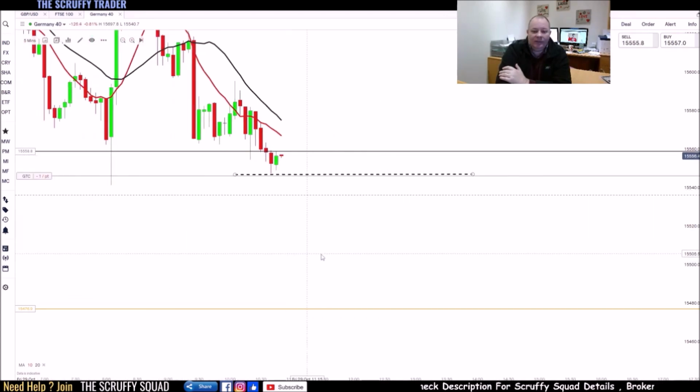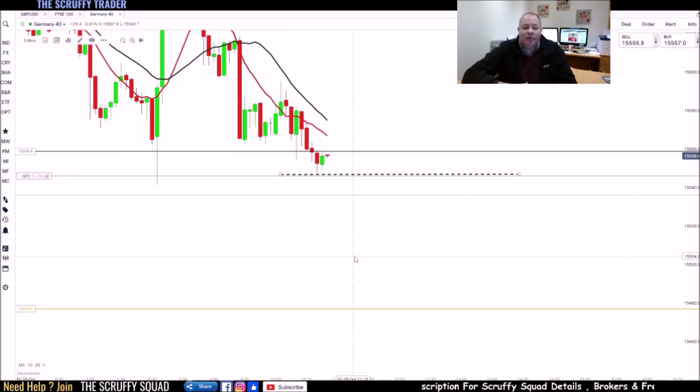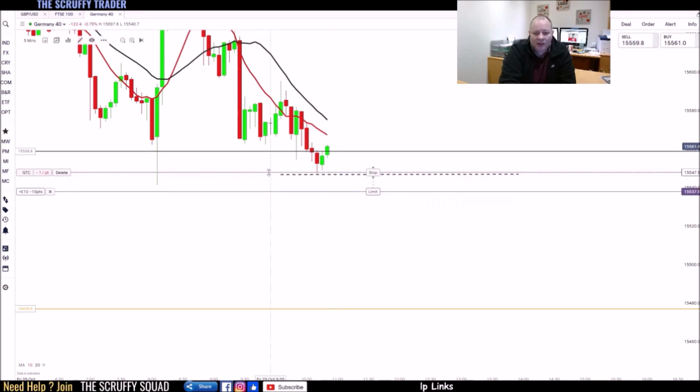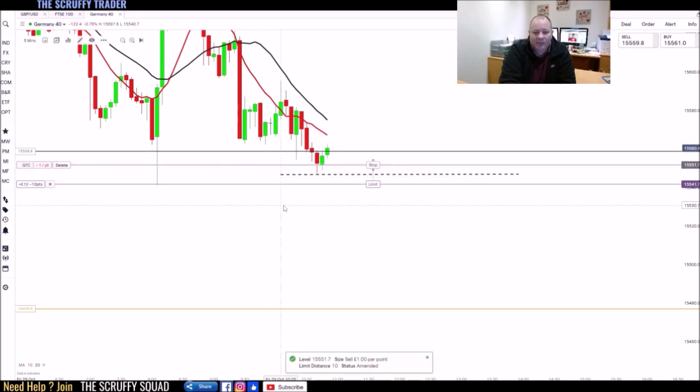Now today, this is an example video, which is why I'm not going mad with position sizes or anything like that. I just want to show you it in action. Now we can see that this is moving up, and I'm expecting a bounce on this. So what I can do now is run that to the bottom of that candle, just like so.